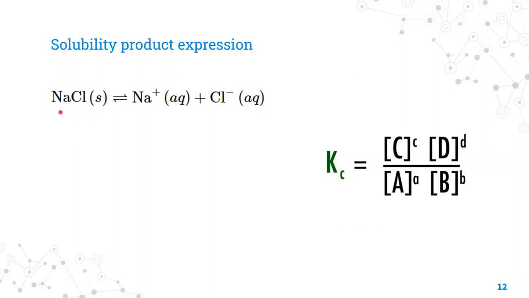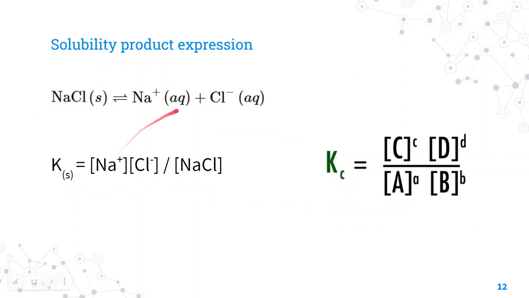As you can see here, we've got sodium chloride dissolving to produce Na plus and Cl minus. If we were to write our equilibrium constant equation, it will look something like this, where we've got our products, Na plus and Cl minus, over our reactants, which would be NaCl.